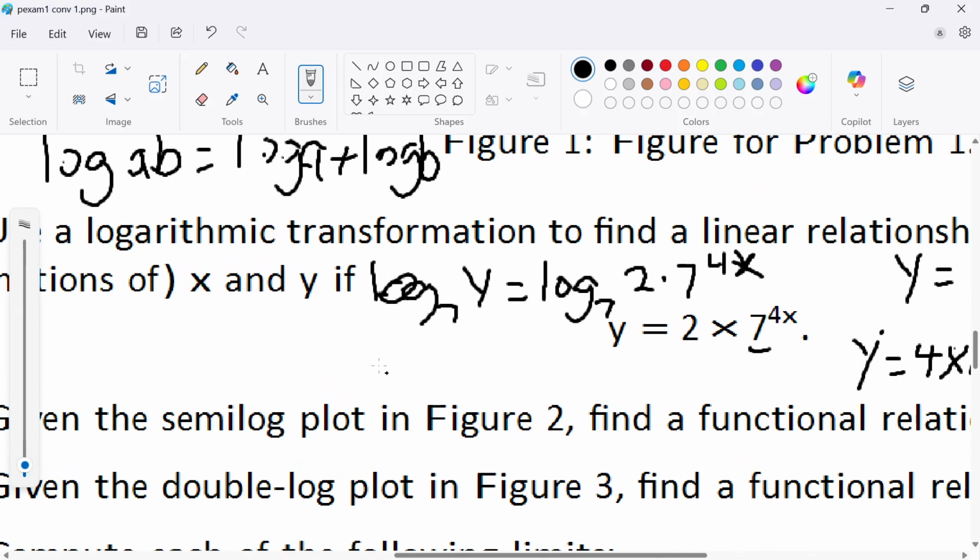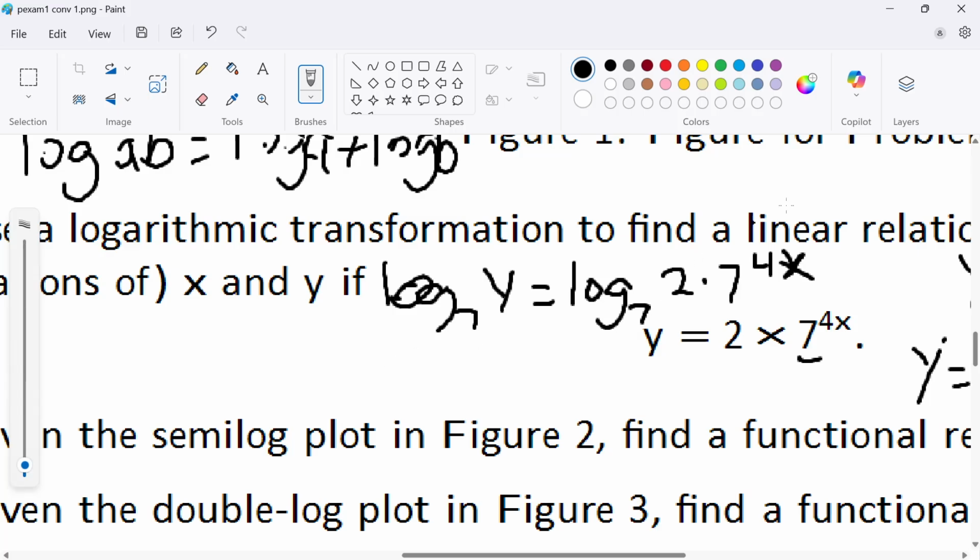Another way would be with log base 10. Log base 10 of y equals log base 10 of 2 times 7 to the 4x. It's supposed to be a 4.